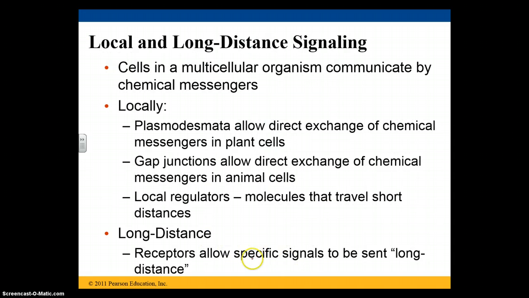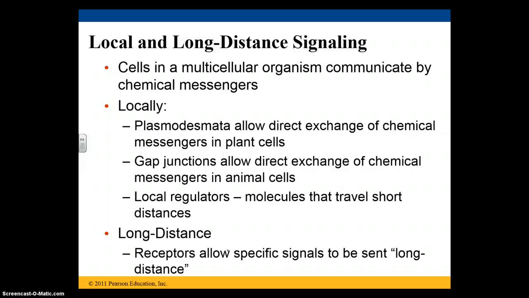Okay, so cells can signal locally and long distance. When we're talking local, we're talking about the cells around it. And when we're talking long distance, we're talking throughout an organism. If you were a plant cell, plasmodesmata allow you to directly exchange chemical messengers between two adjacent plant cells.